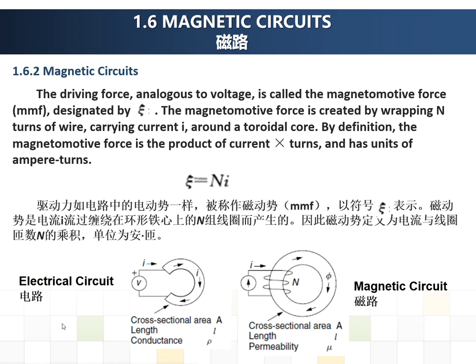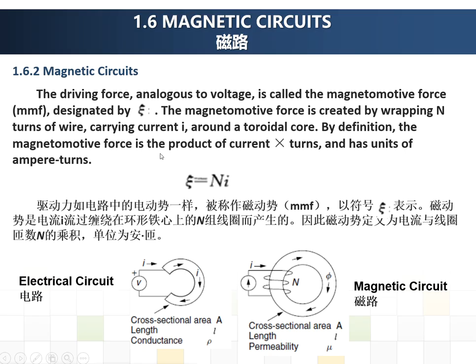Section 1.6.2, magnetic circuits. The driving force is called the magnetomotive force, designated by epsilon.